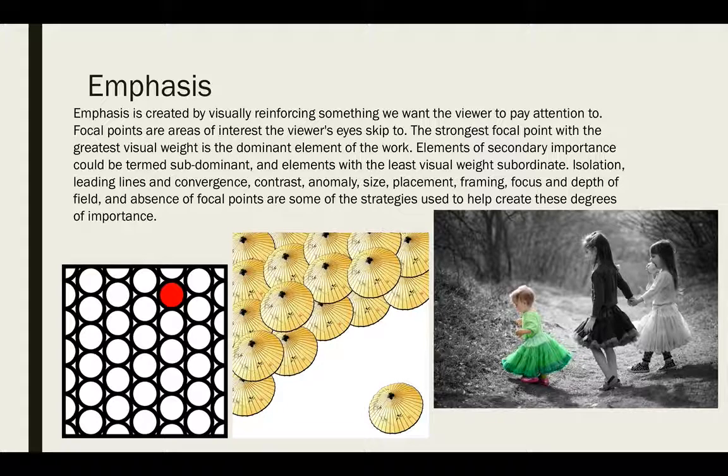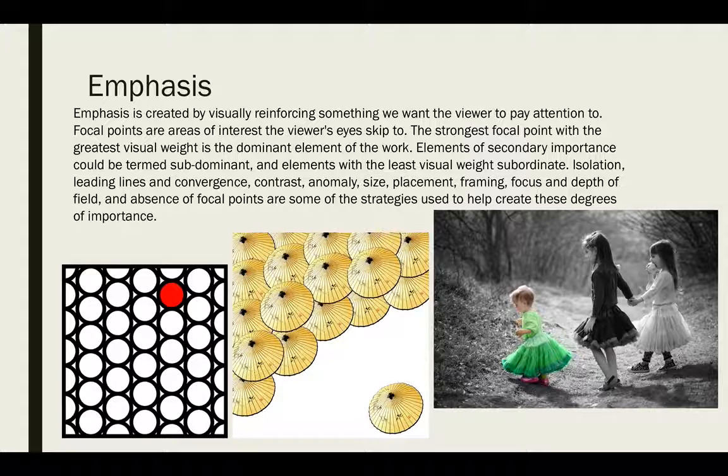You could also use contrast, which is again a difference between light and dark in an image, or maybe the difference between space being filled and space not being filled. Anomaly means something that does not fit or is strange to the eye or the mind and is maybe not perceived as something that would normally be in an image. Size is obvious. It is an object's relation to its space.